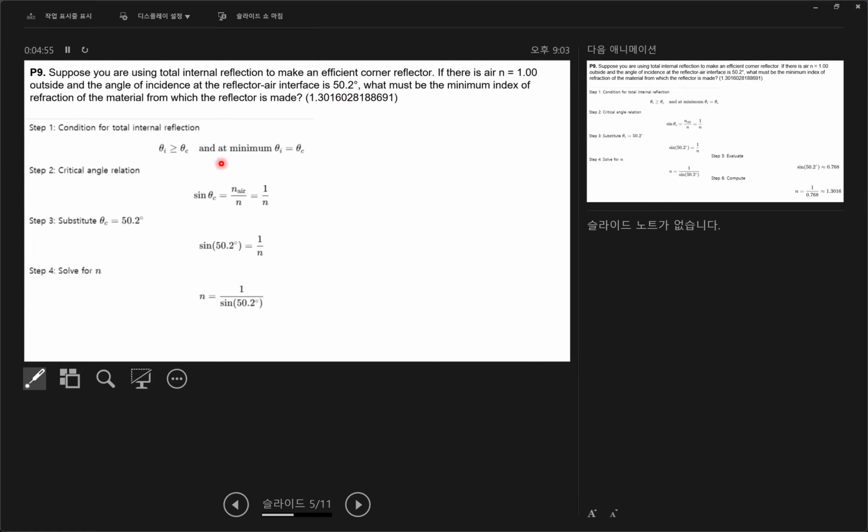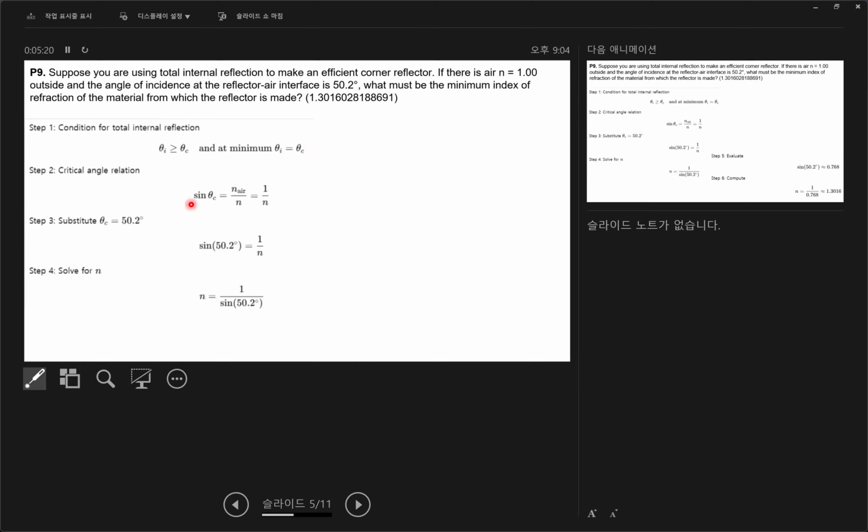In order to have a corner reflector, you note that we need to have total internal reflection. Once again, we require the incident angle to be larger than the critical angle, and the minimum is such that the incident angle is the same as the critical angle.